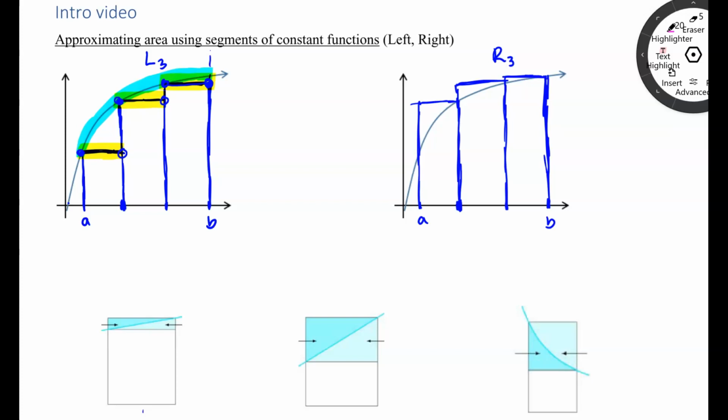And this is just another way to look at it using still constant functions, but they're just a little bit different. So this is the shape of our curve going along, and one way to look at this is that what we're really trying to do is approximate the shape of the curve with these constant pieces.